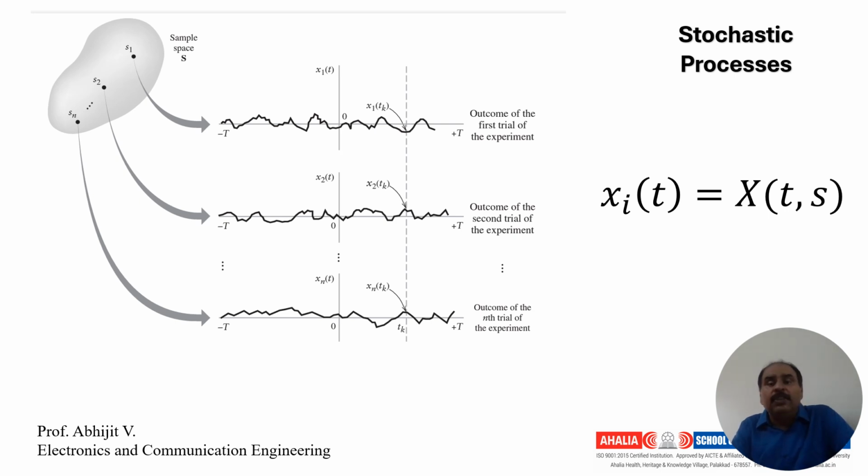What we'll get is X(t) will be equal to X(t, s), where t stands for the time and s is the signal. The outcome of a stochastic process is X(t) equal to X(t, s).